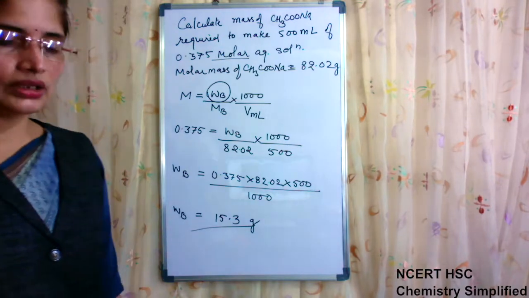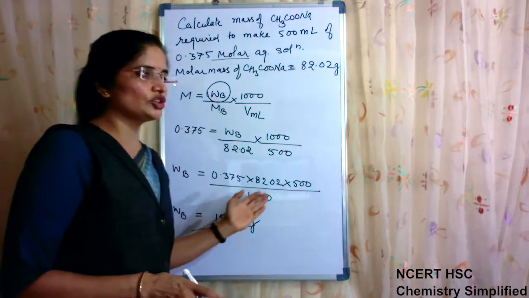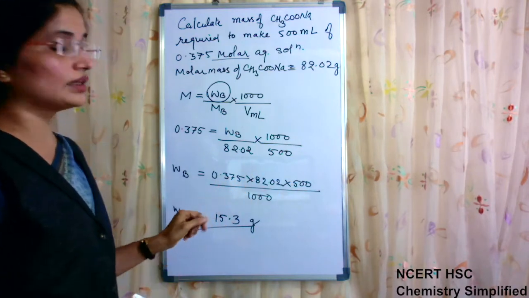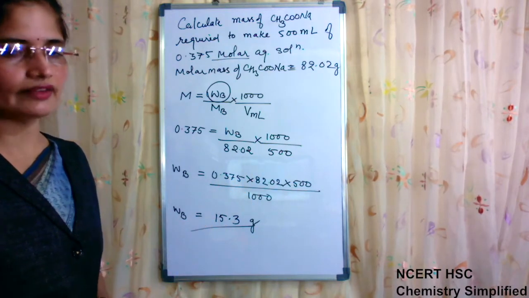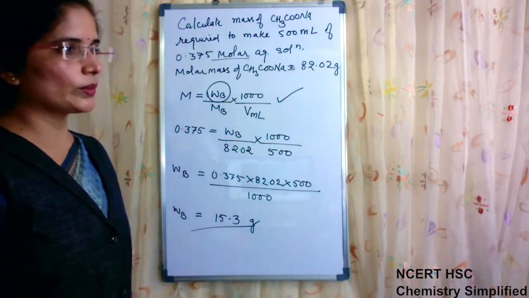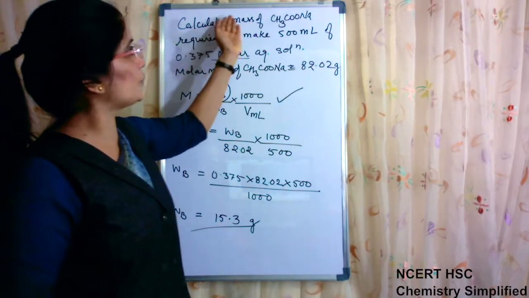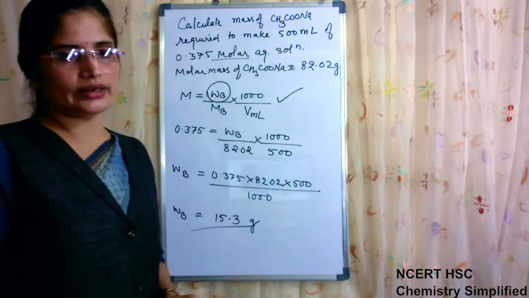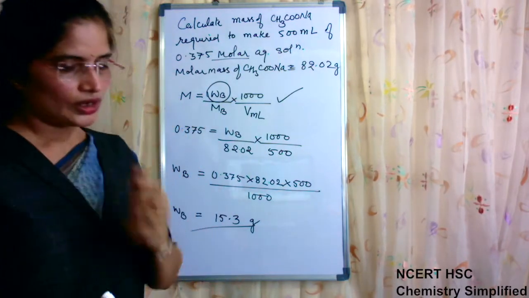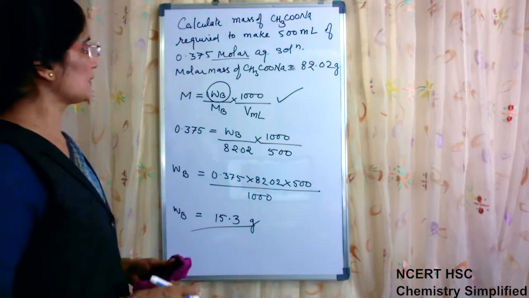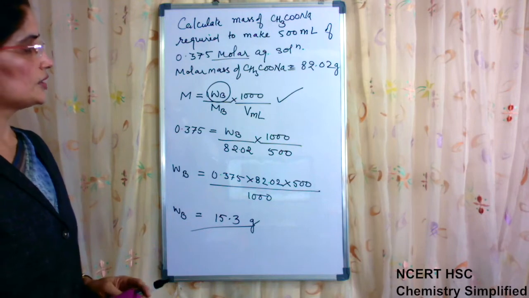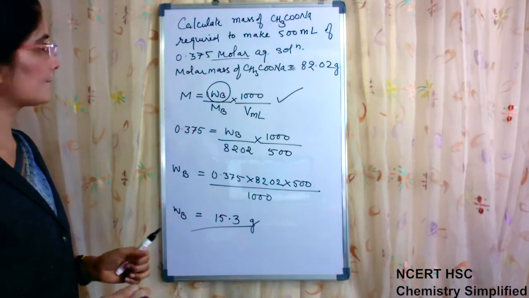So we are only putting in the values. See, when we solve the question, it appears very simple, that we are just putting values and the answer is coming. But the important thing is you have to identify the formula you are going to use, and what quantity you actually have to calculate in the question. After that, putting values and finding the answer is not that difficult. Okay, so that will be the solution of the complete question.